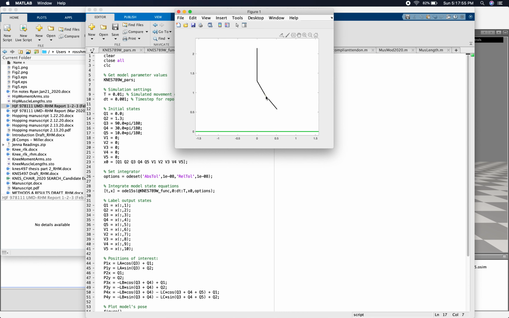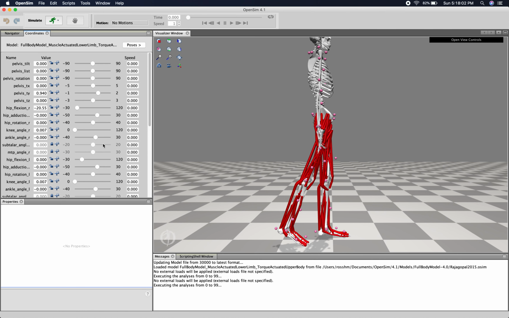And when I have a positive knee angle, that's knee extension, that extends the knee. Now, in my OpenSim model, there's an inconsistency there. When I flex the knee here, that's associated with the positive direction in the OpenSim model. But in my model, knee flexion is the negative direction.